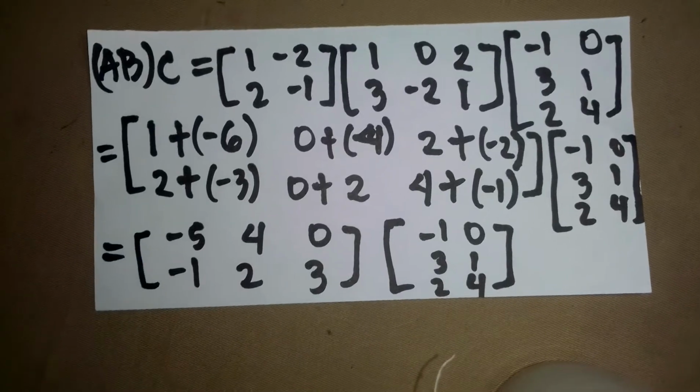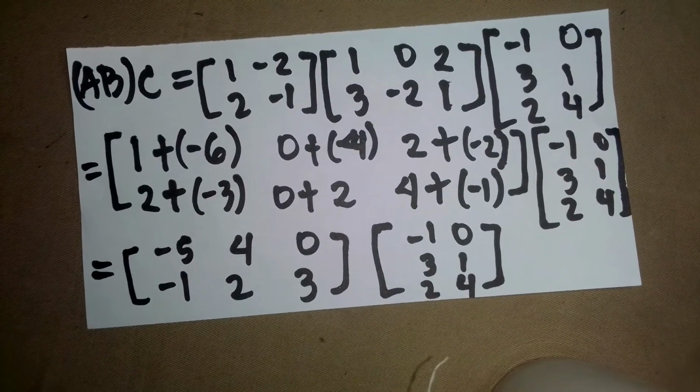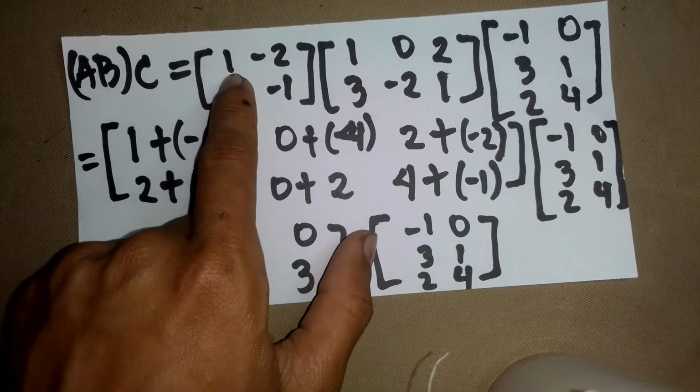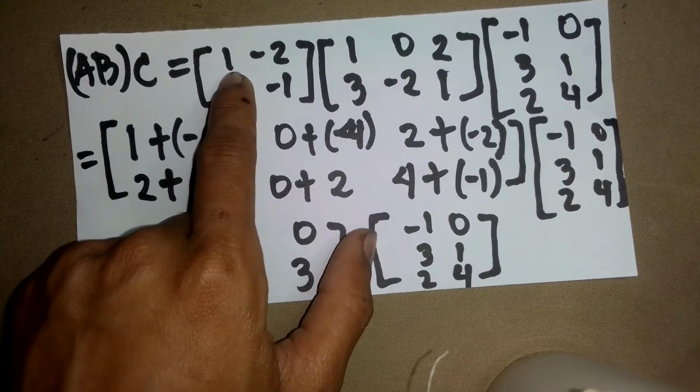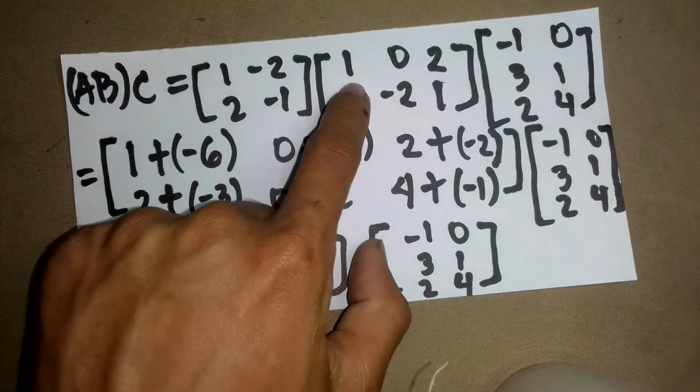In multiplication of matrices, we multiply the first row and first column by the corresponding elements.